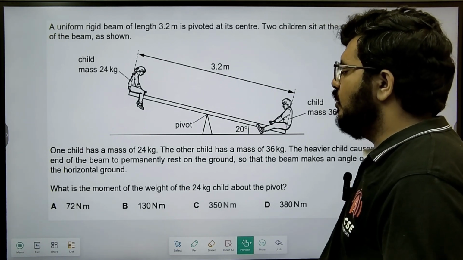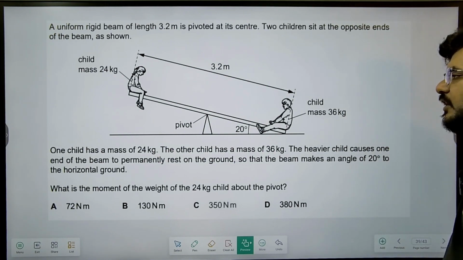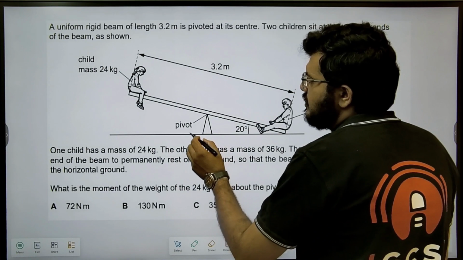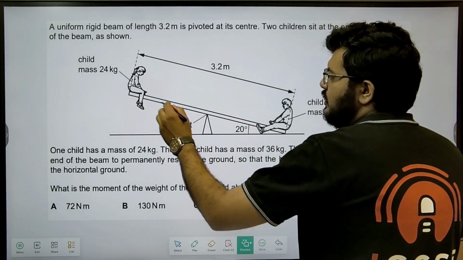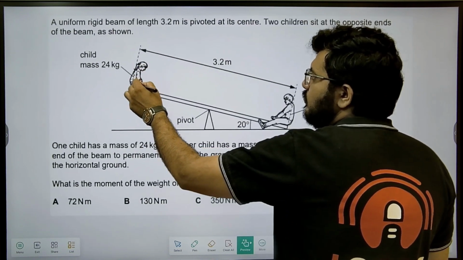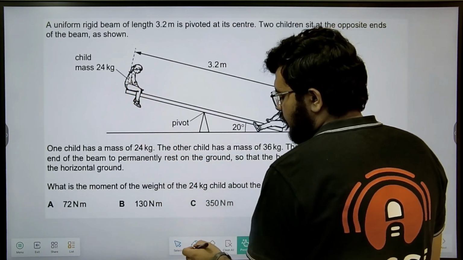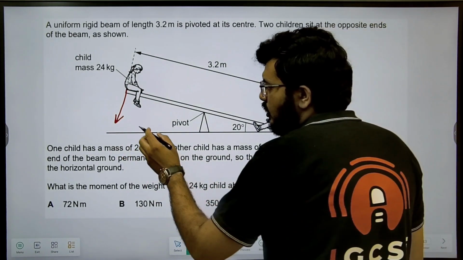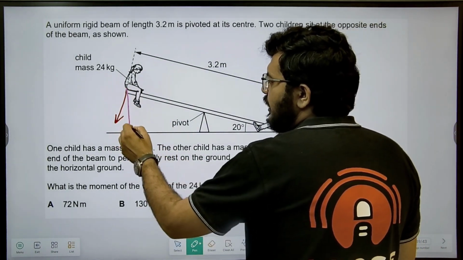What is the moment of weight of 24 kg child about the pivot? Okay, this is easy. I just see, because this is like this, right? I need to either find out the direction or the magnitude of this force in this direction, because weight is downwards like this.